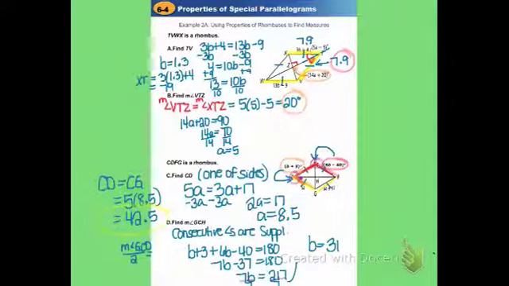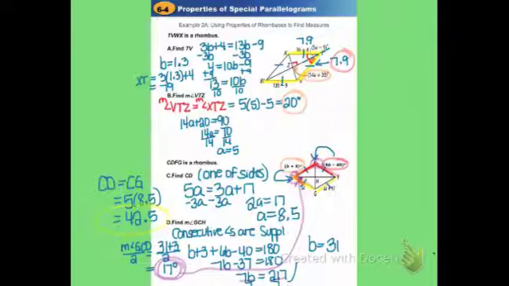So let's see, GCD would be what I just found, 31 plus 3, because it's B plus 3, and that's 34. If I divide that by 2, 34 divided by 2 is 17. So 17 degrees is the measure of that angle right over there. That means the whole angle must be 34, but each of the parts on either side of that diagonal are going to be 17 degrees.